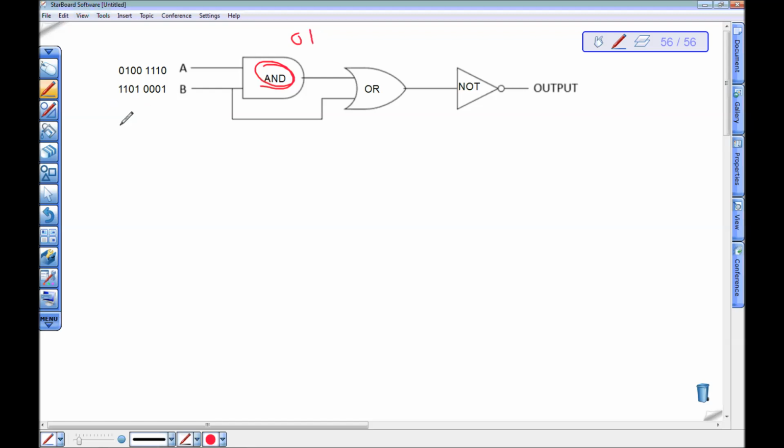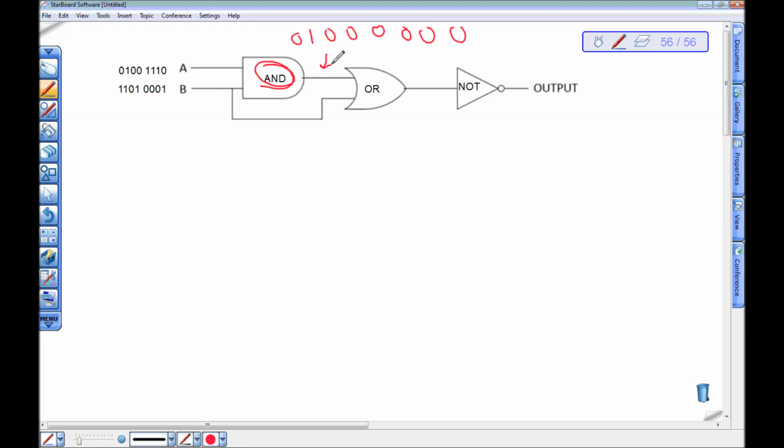The third spot is 0 and 0 is 0. 0 and 1 is 0. 1 and 0, and the fifth spot is 0. 1 and 0, 1 and 0, 0 and 1. So out of that AND gate, on this wire, I'm going to have 0, 1, 0, 0, 0, 0, 0, 0.